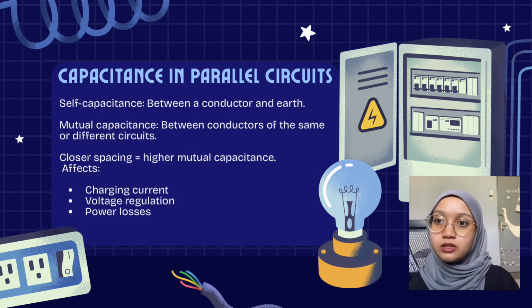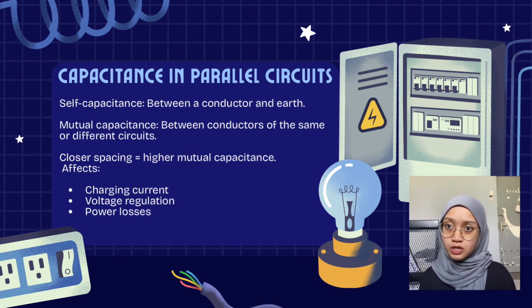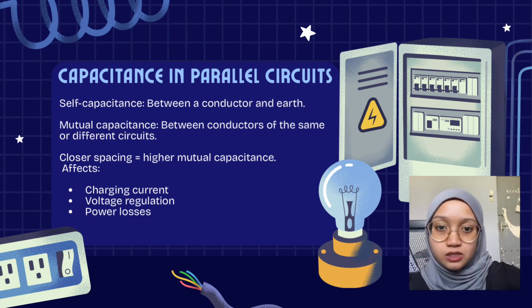These have several effects on the system. First, it increases the charging current, especially under no load or light load conditions. It affects voltage regulation, potentially causing overvoltage at the receiving end, and it contributes to power losses, which can reduce overall system efficiency. So proper spacing and configuration of conductors are important to balance performance and efficiency.